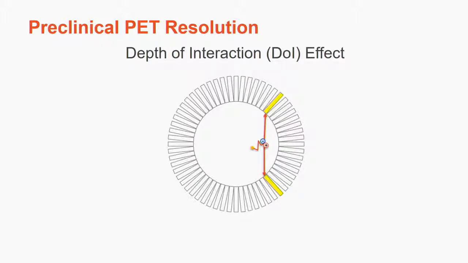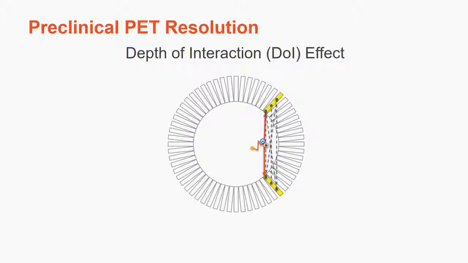The problem, though, is that if we reduce the ring diameter and make the crystals thinner, we now amplify another effect, which is the depth of interaction effect. And that is that when the annihilation occurs, we look at a line of response off from the centre of the field of view. We hit these crystals, but we don't actually know where along the length of those crystals the annihilation photons' endpoints were absorbed.